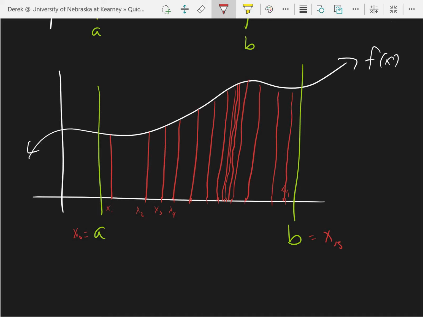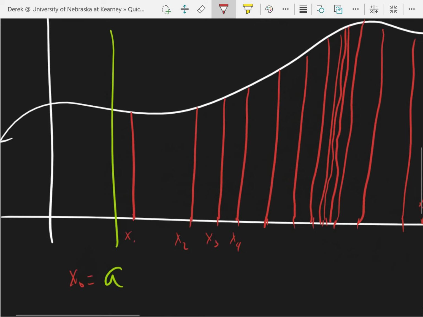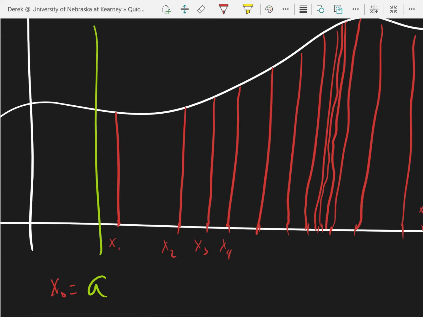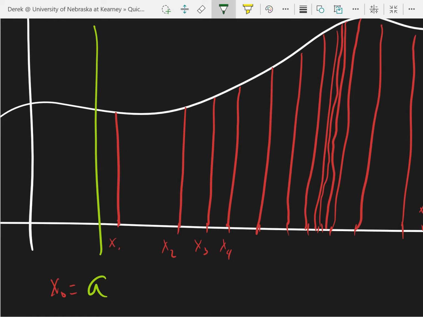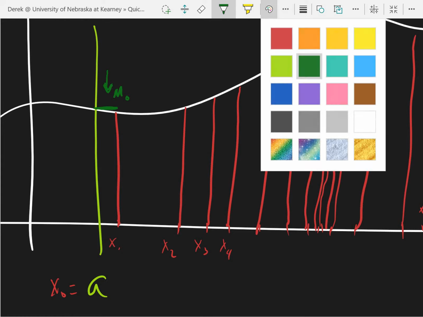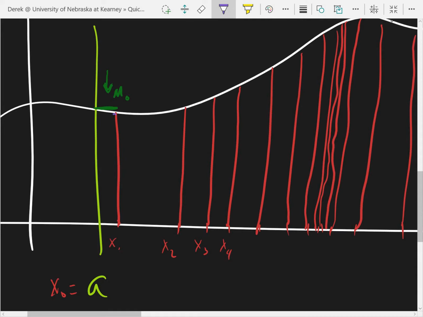Okay, so let's zoom in on this. So my upper approximation, let's do that in dark green. In this interval between x0 and x1, there's a maximum value that the function takes. That's going to be capital M0. And there's also a minimum value that the function takes, like right here.